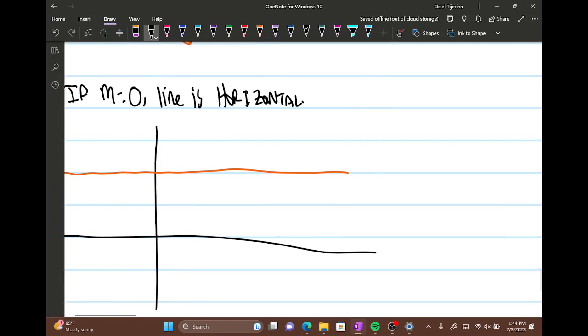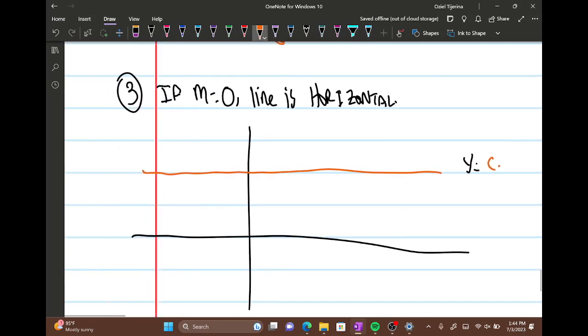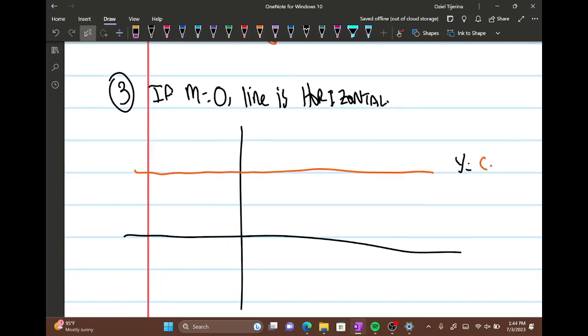And if I have y equals 0x plus b, meaning that y is a constant, y equals some constant c, then the slope is 0. So when the line is horizontal like that, the slope is 0, and it's basically a constant function.